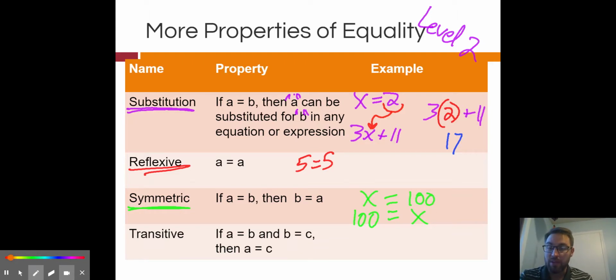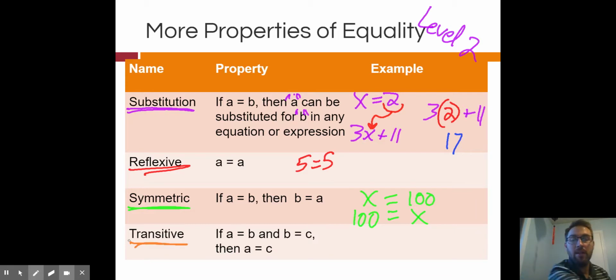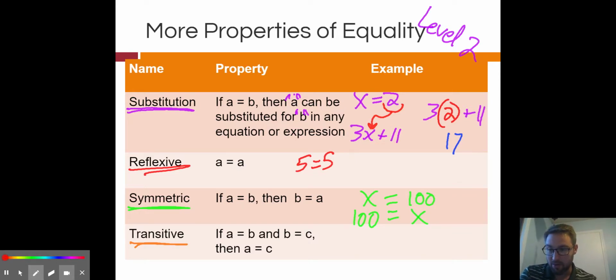This one is really, really helpful. The transitive property says if A equals B and B equals C, then A equals C. I'm going to color code this, so we'll start with red. If A equals B, I'll put B in blue because there's a little bit of alliteration. And then I have B equals C, and I'll make C in green.